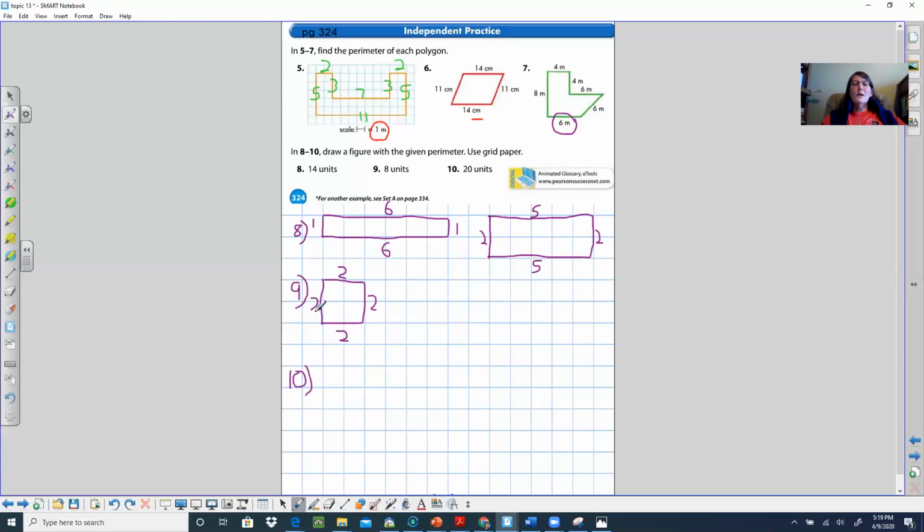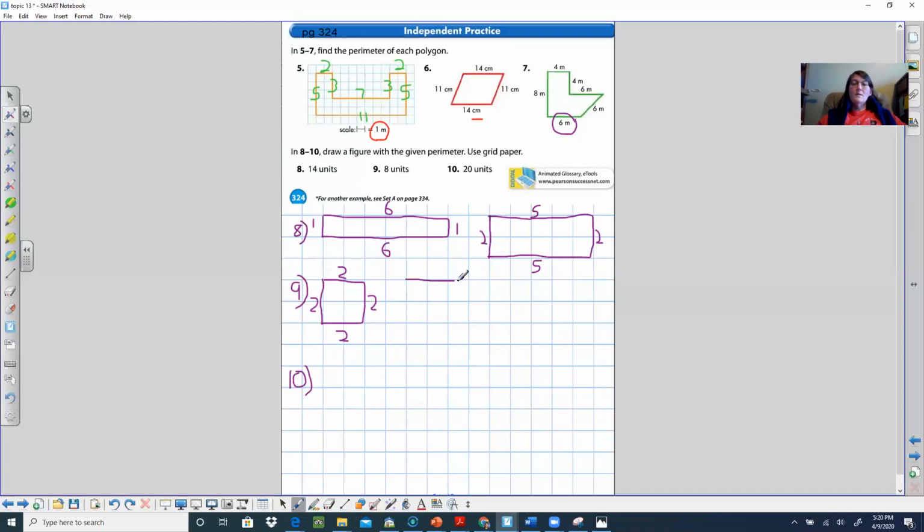So we notice we can count by 2s. 2, 4, 6, 8, and that got our correct perimeter of 8 units. So now I need to think of, well, what's another way that I can add 2 numbers and come up with 4, because 4 plus 4 would be 8. Well, can I do a 3 by something? Let's see.